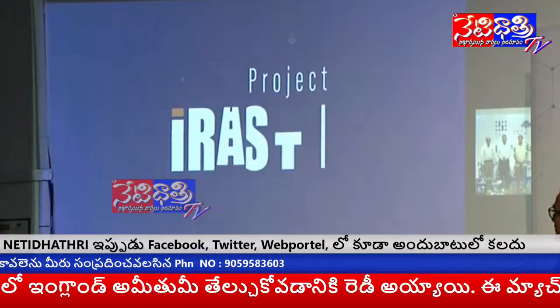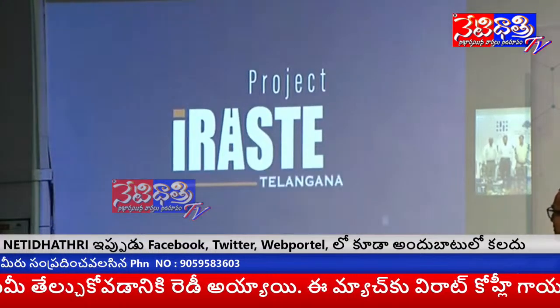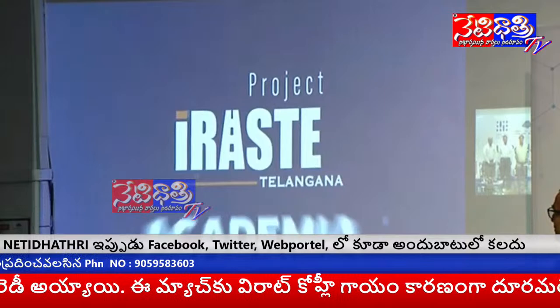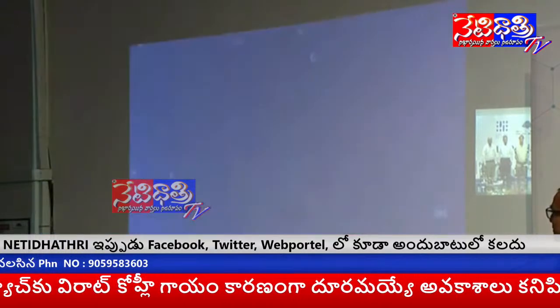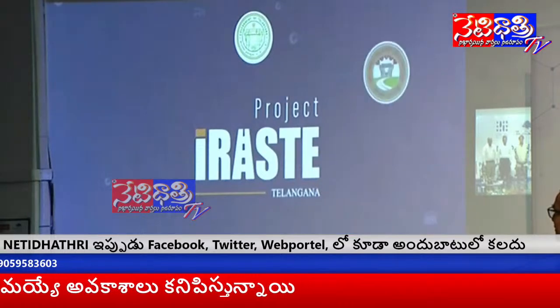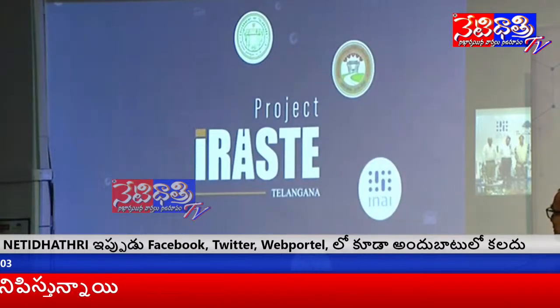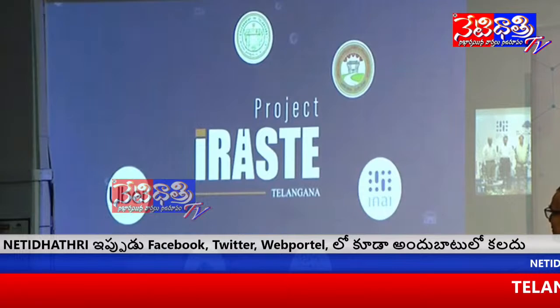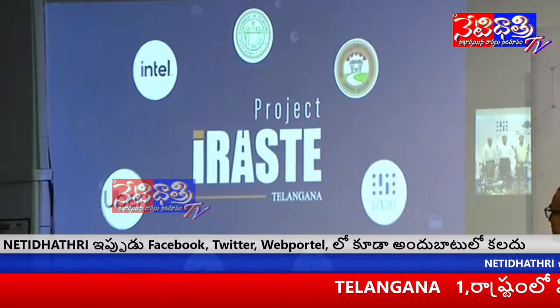Project IIIT Telangana is a unique partnership of industry, academia, and the government, and is initiated by Government of Telangana, TSRTC, INAI, iHub, IIIT Hyderabad, Uber, and Intel.